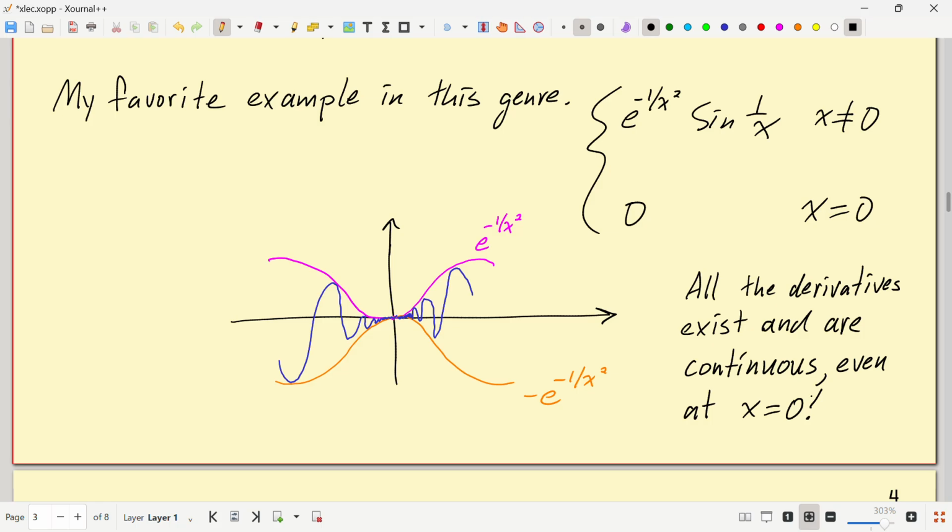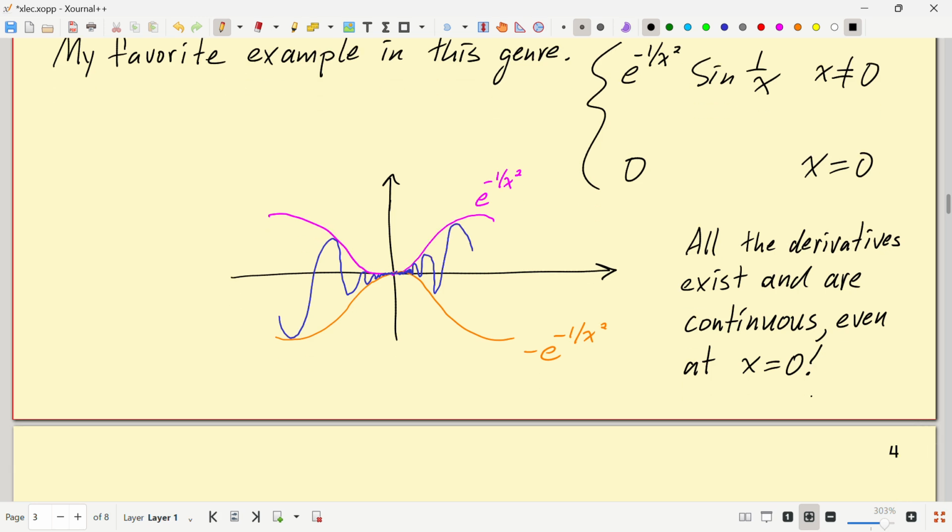But that's a mind-blowing example because, after you study power series and sine and cosine and e to the x, and even things like square root of 1 over x minus 4, those all have power series expansions. And so you think, oh, maybe every nice smooth function can be expanded as a power series. This shows you no such luck. That's an infinitely differentiable function, and all the derivatives vanish at the origin.